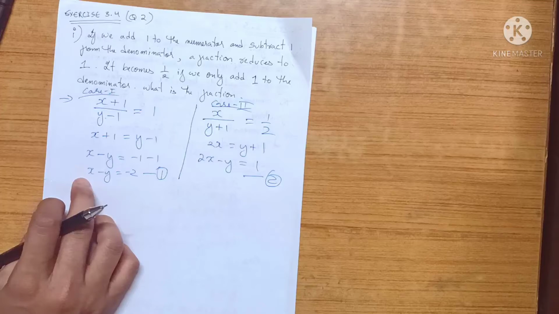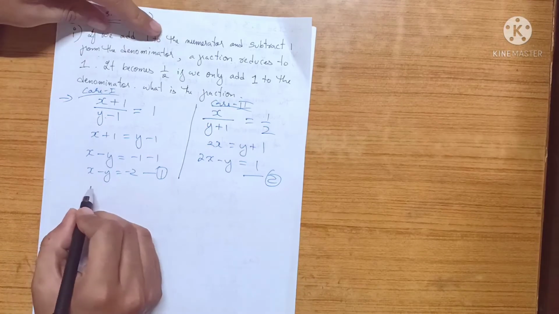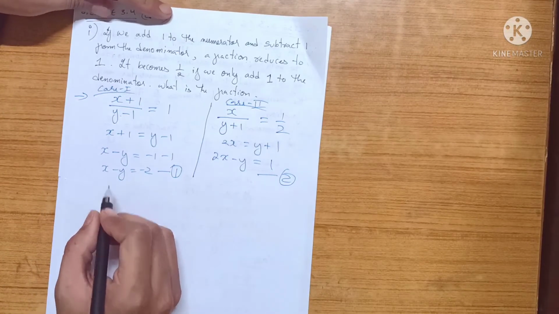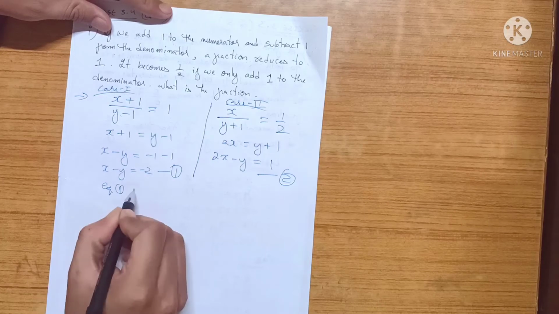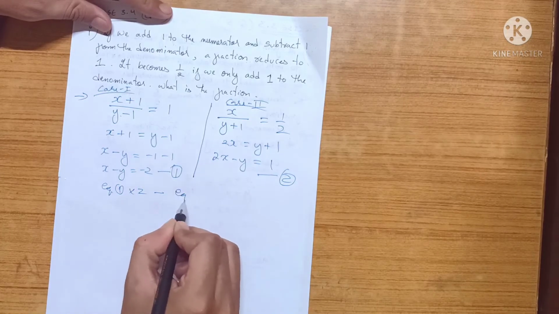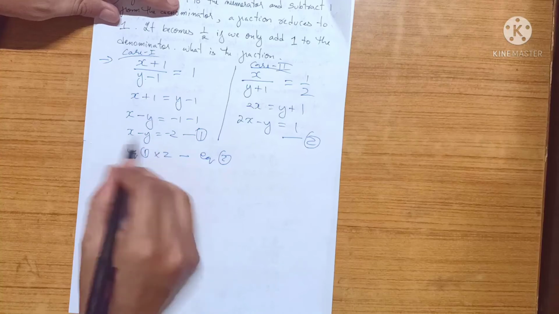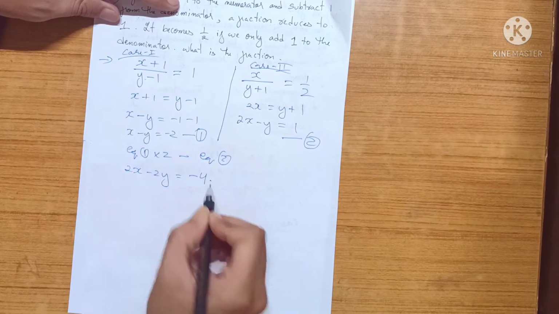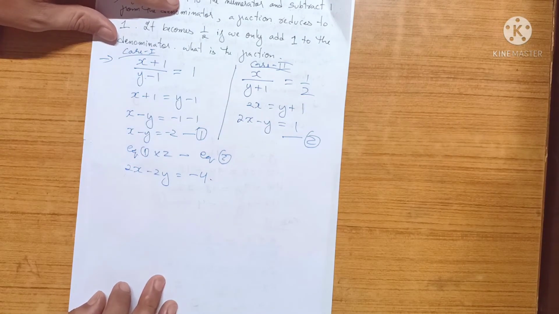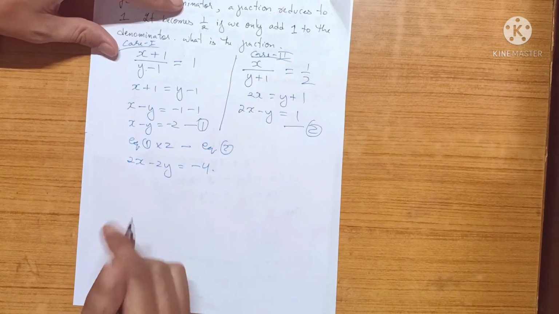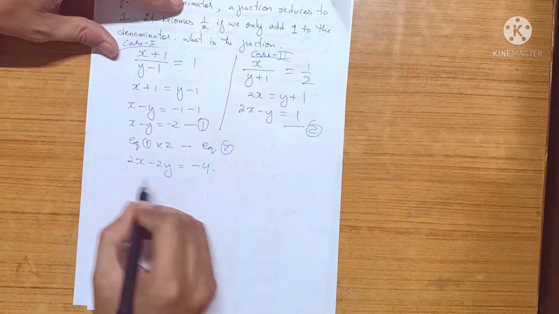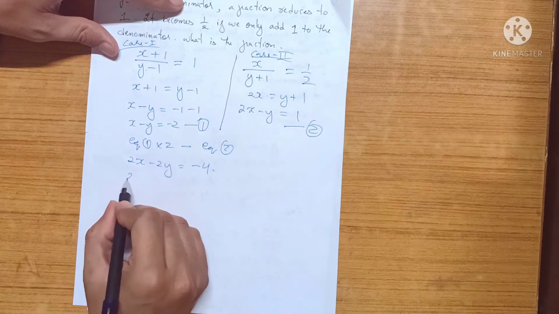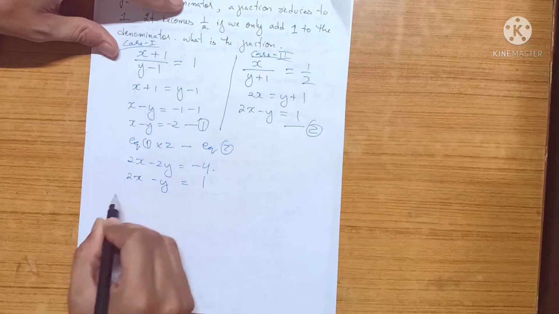We just have to multiply this with 2. So equation 1 into 2 minus equation 2. If I multiply everything with 2, 2x minus 2y equal to minus 4. And then this one, 2x minus y equal to 1.